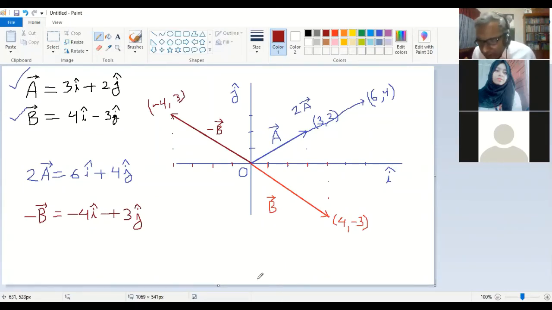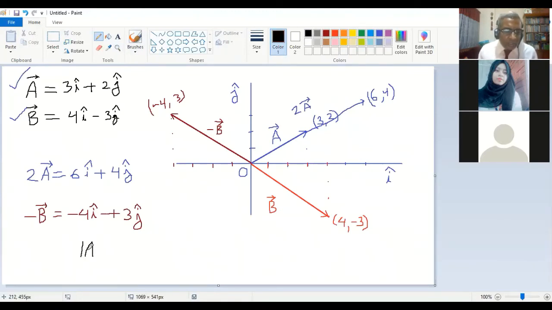Now, let us talk about how you can find the length of the vector, that is the magnitude. If you want to find the length of vector, say for A, we write like this.